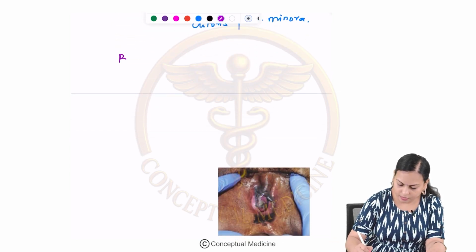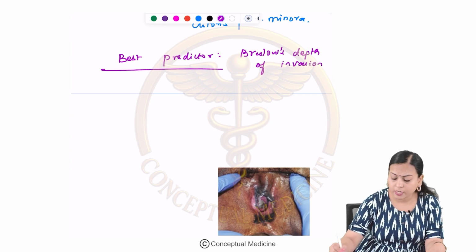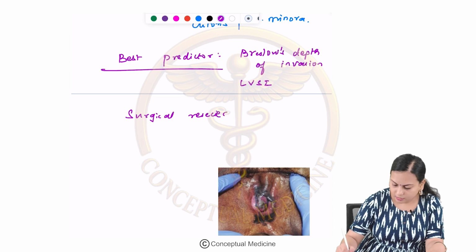Okay. And the best predictor for this lesion is Breslow's depth of invasion. Okay, and you have to also check about the lymphovascular space invasion. Surgical resection should be done with adjuvant medical therapy.